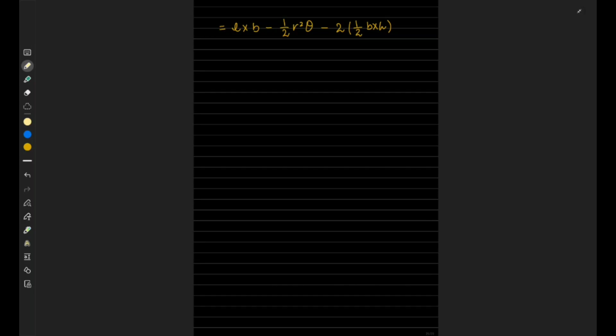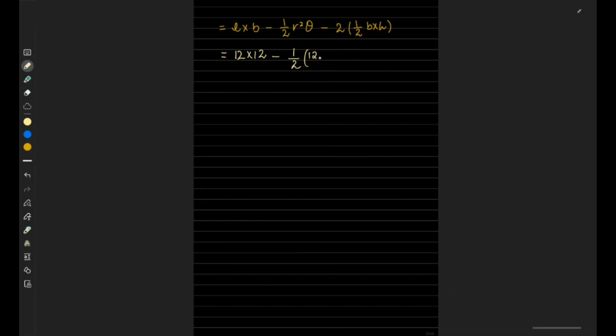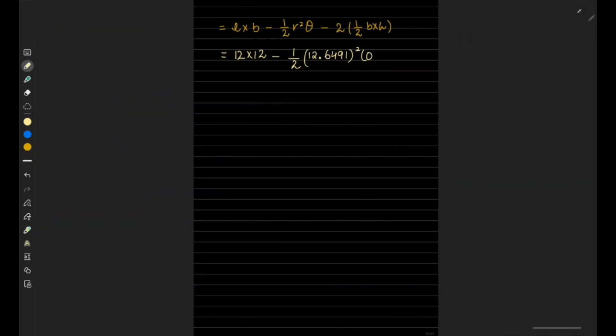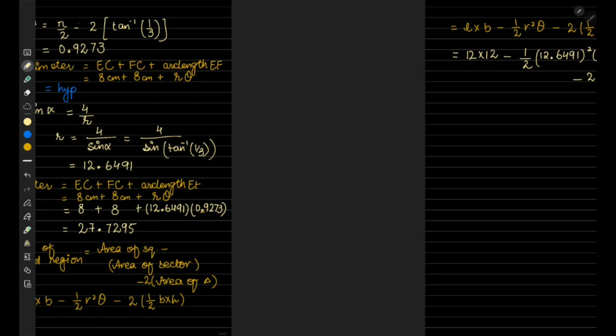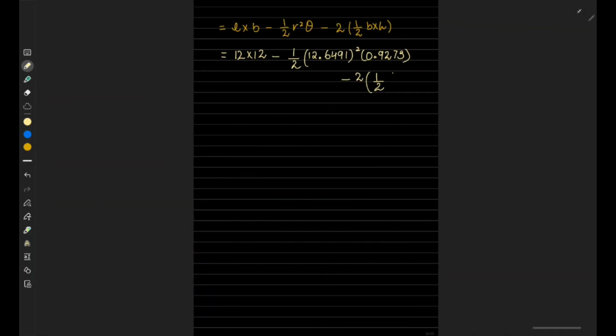So we have length and breadth for the square as 12. So 12 times 12 minus half r square theta. R is this 12.6491 square, and theta is 0.9273, minus 2 times half base times height, and base is 12 and height is 4, so 12 times 4.